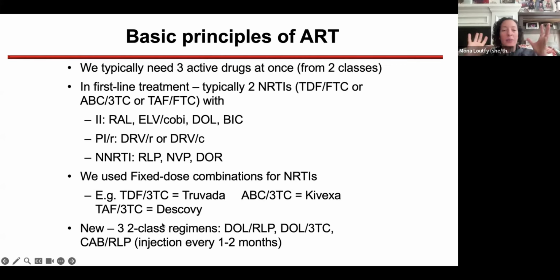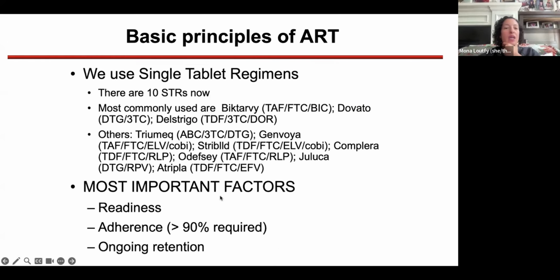And so that is actually a bit of a paradigm shift in the last 5 years, where we feel pretty good now that we can use 2 drug regimens, 2DR, and they work just as well as 3 drug regimens.